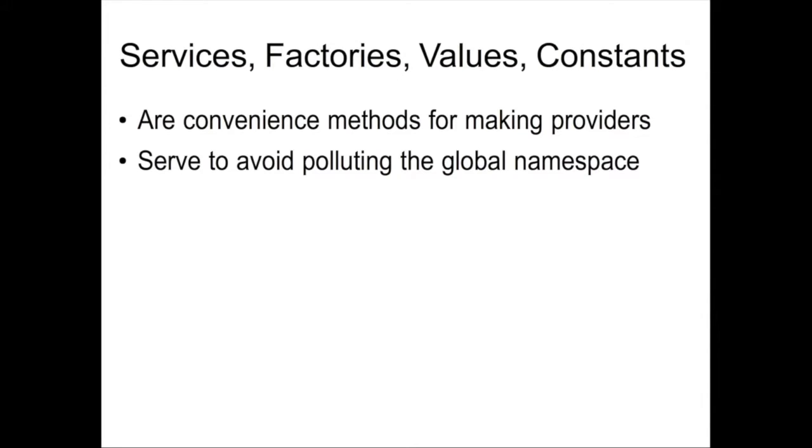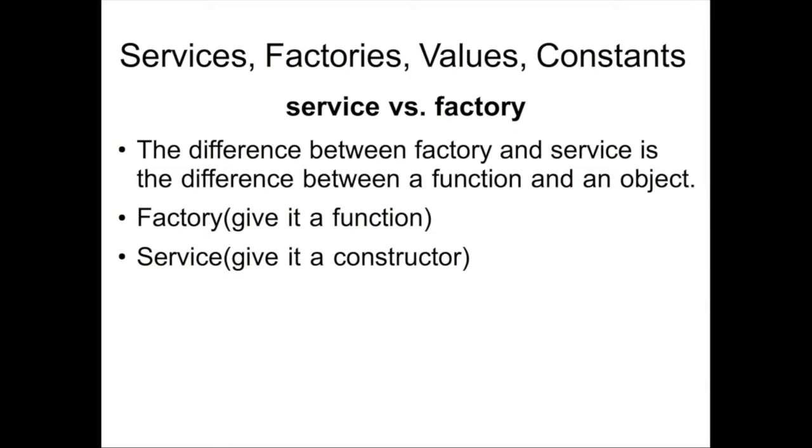All of these things, services, factories, values, constants, they're all just convenience methods for making providers. They all serve to avoid polluting the global namespace. Service versus factory. The difference between a factory and a service is the difference between a function and an object. Factory, you give it a function.